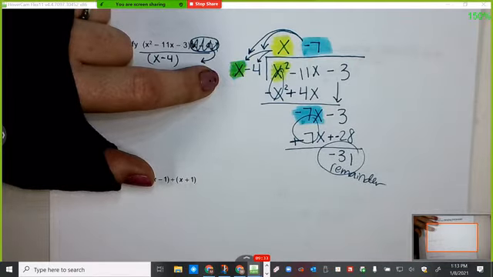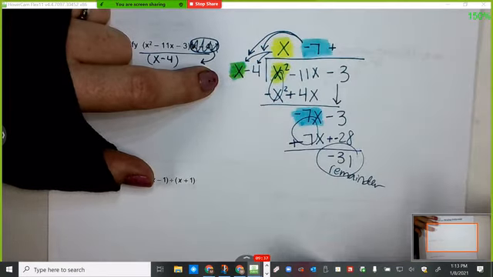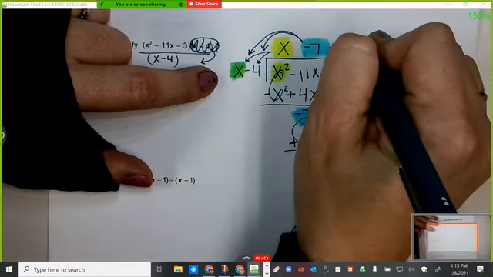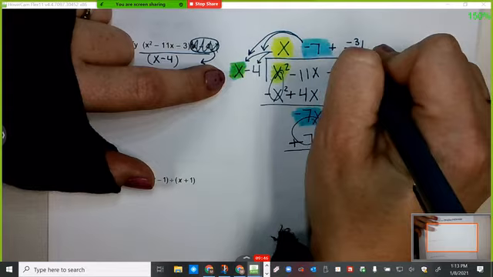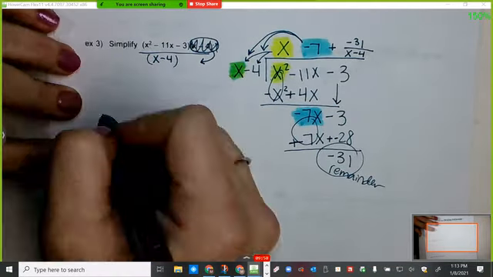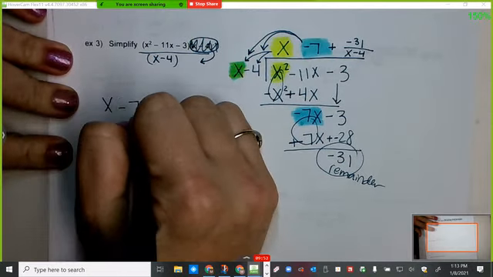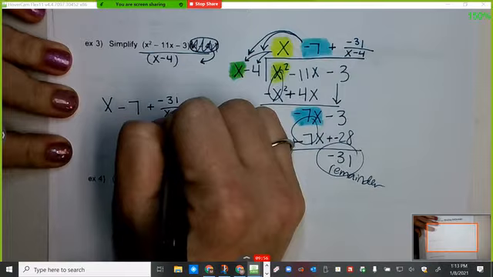Okay, and what you do with a remainder is you put a plus sign, and you build a fraction. You put your remainder on top and your divisor on bottom. So our answer is x minus 7 plus negative 31 over x minus 4.